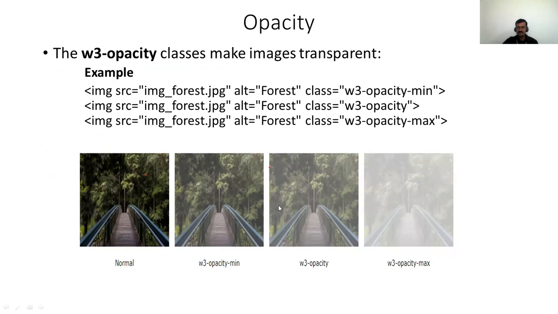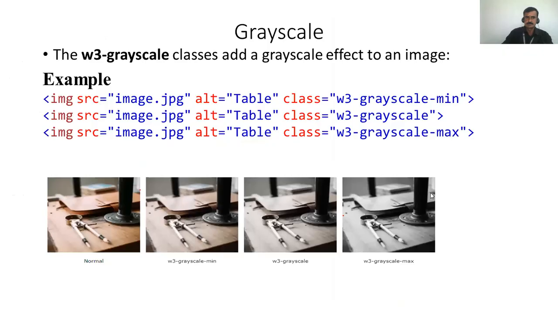So this is a normal image. This is a transparent image example. In the same manner, using this example coding, we can also specify the opacity percentage here itself. W3 opacity minimum, we can specify 50%, 70% or 20% like that. This example coding, you will get this answer.